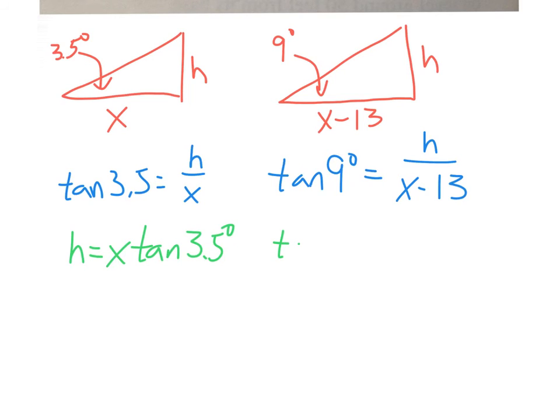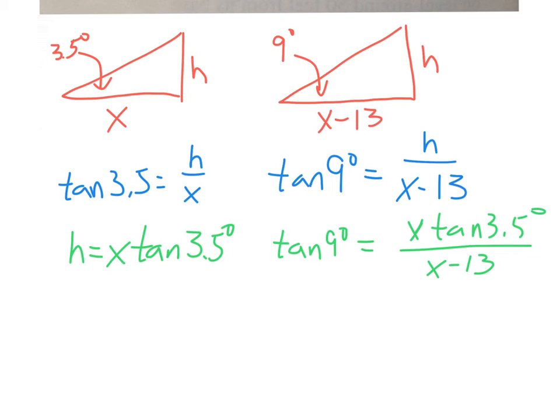So that means it's going to be tangent of 9 degrees equals x times tangent of 3.5 degrees over x minus 13.